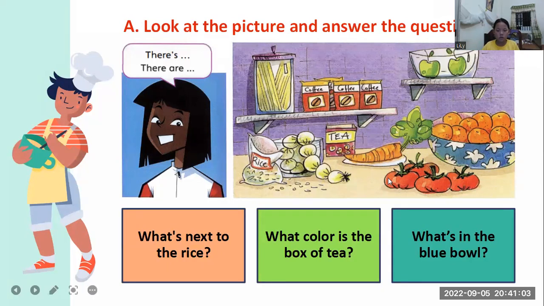Okay, what's in the blue bowl? There are oranges. Okay, there are oranges. You say there are oranges.